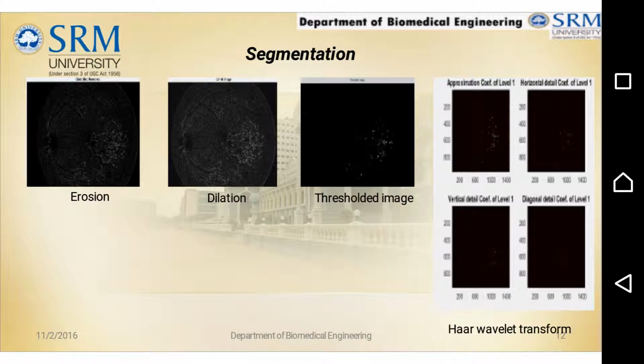Later we're finding the threshold of the image. It's part of segmentation. Then we're applying Haar wavelet transformation. In the transformation, we can get 4 planes: approximation coefficient, horizontal detail, vertical detail, diagonal detail.